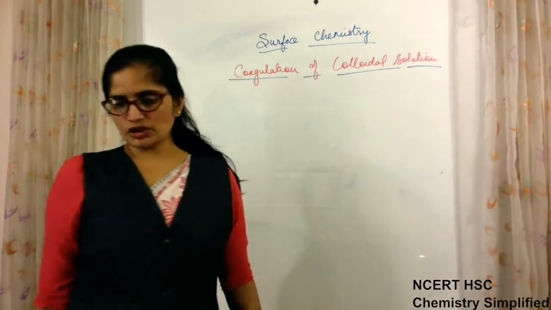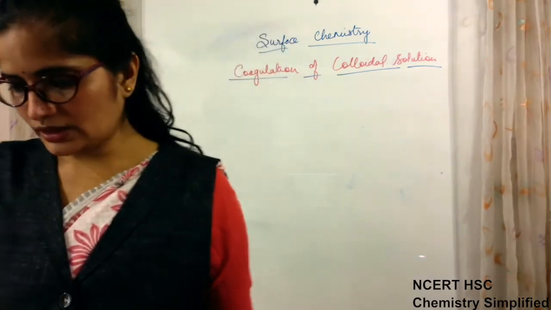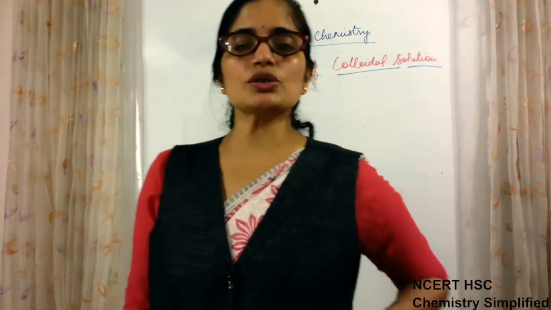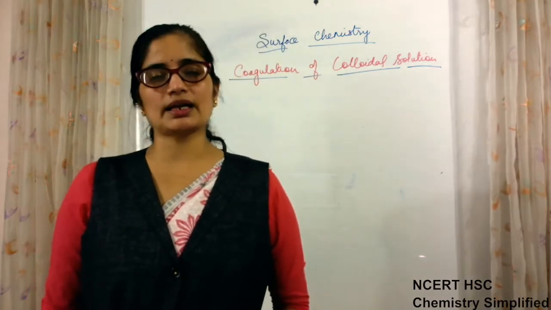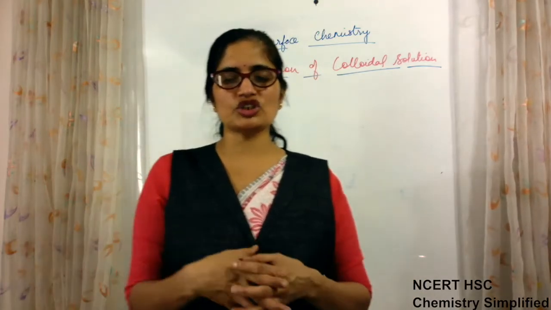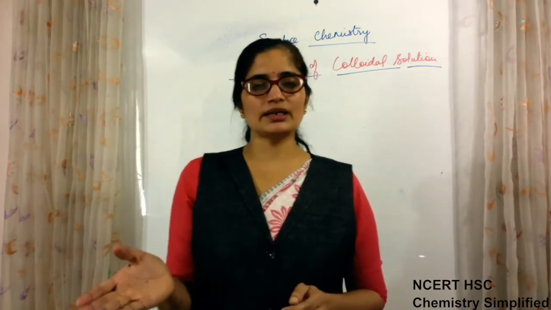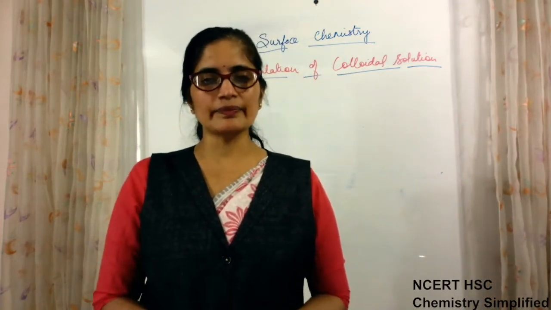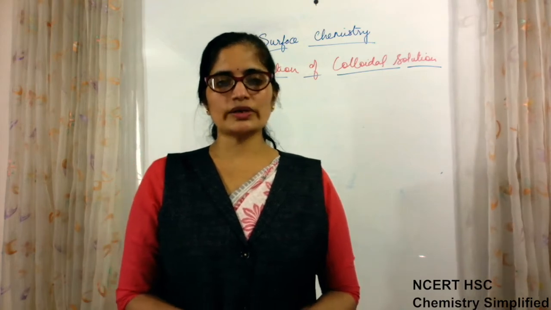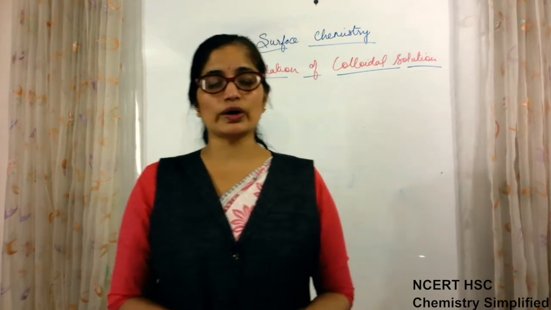Now after coagulation of lyophobic colloidal solutions, now coagulation of lyophilic sols. Lyophilic sols are generally highly stable, because they have solvation present between the dispersion medium and dispersed phase. So there is proper solvation, so it is not easy to cause their coagulation.